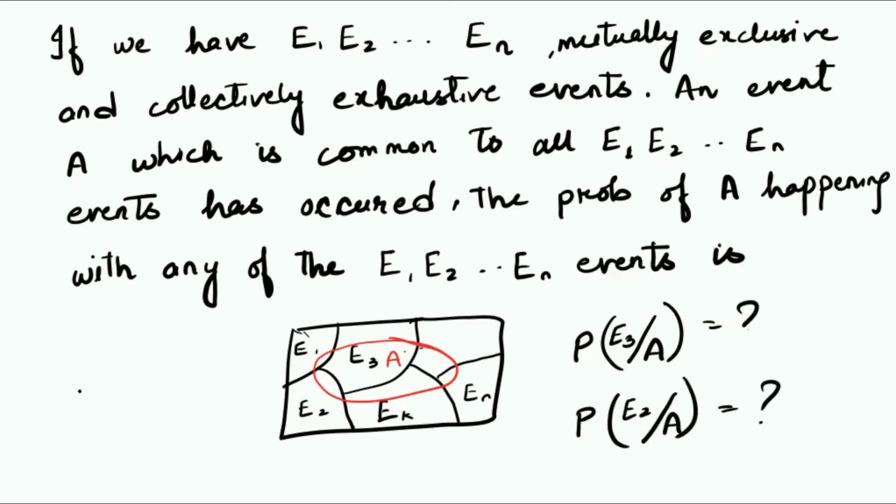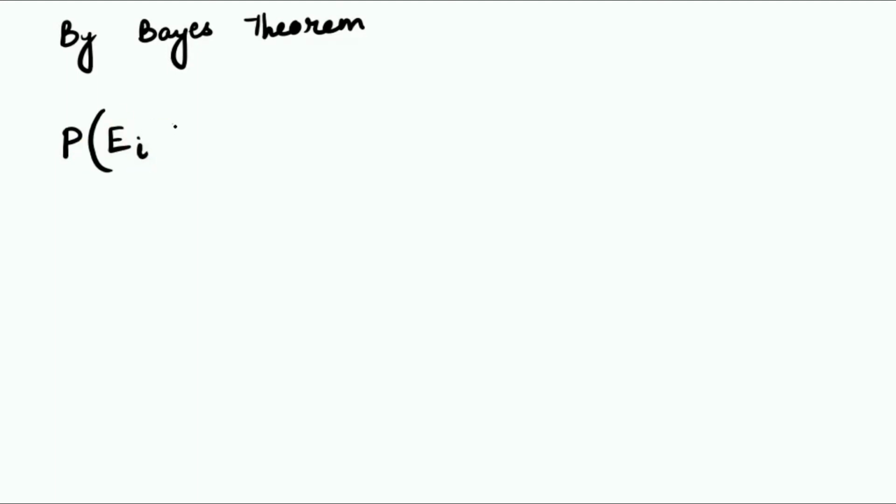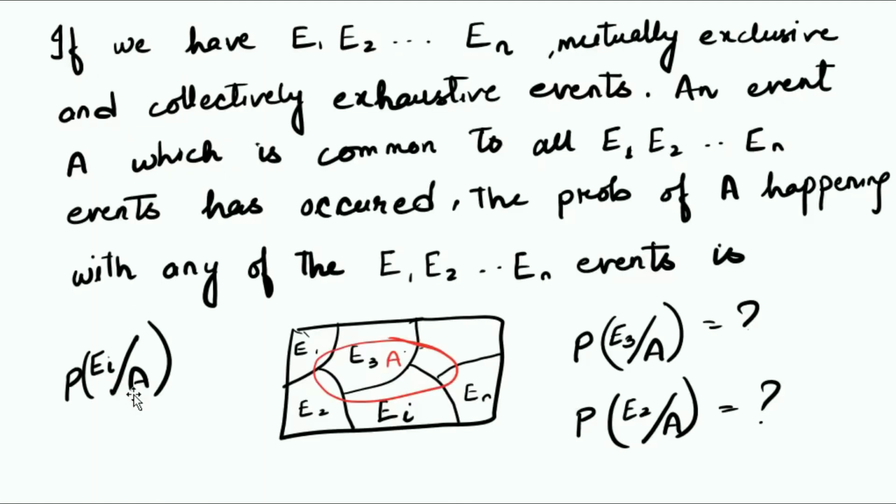Or what is the probability that it is from Ei? So by Bayes theorem, we can say probability of Ei given A has happened. This is for general, and this is what I'm asking here.